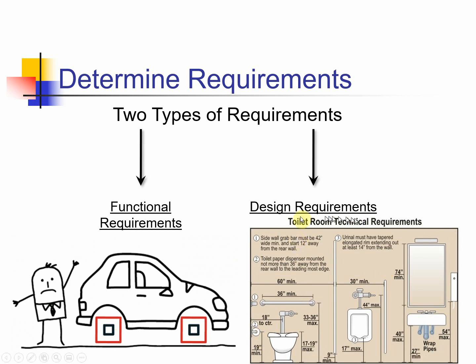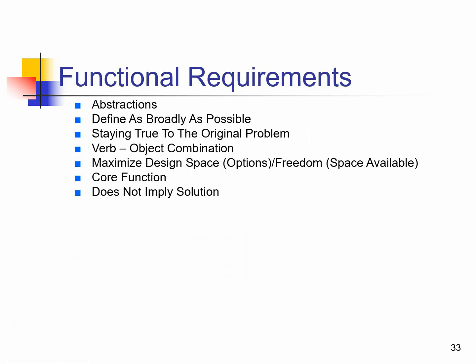These are the constraints, the building codes to do that. This is broad. This is narrow. Design requirements are narrow. Functional requirements are broad. You start with the functional, then you get down to your ideas of what you want, and you start zeroing in on the design requirements. Sometimes we over-design things.